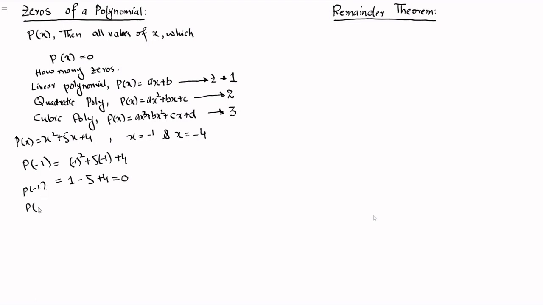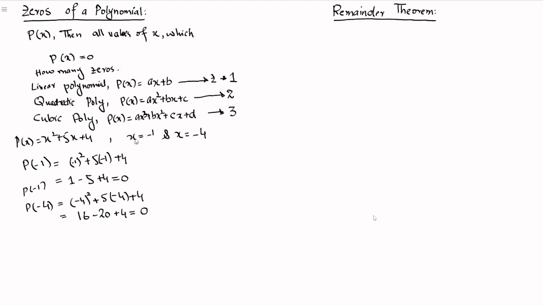Similarly, if we insert x is equal to minus 4, then we have minus 4 square plus 5 into minus 4 plus 4. Minus 4 square is 16, plus 5 multiplied with minus 4 is minus 20, and we have plus 4. 16 plus 4 is 20, and 20 minus 20 is equal to 0.